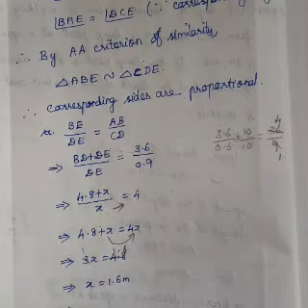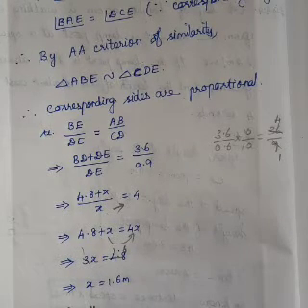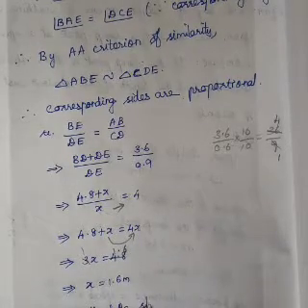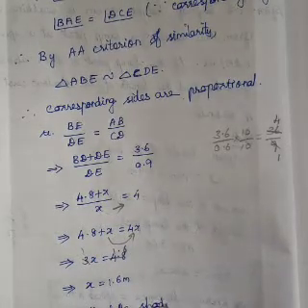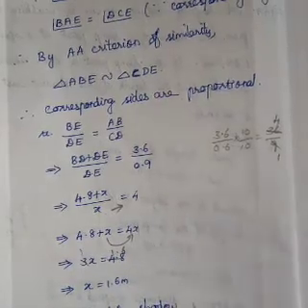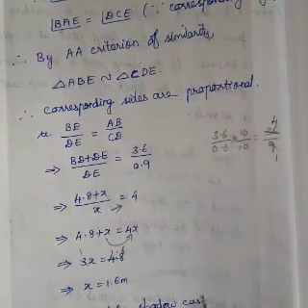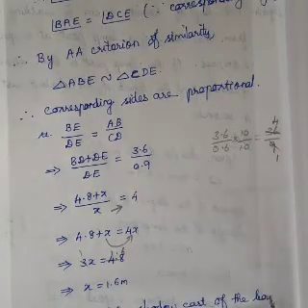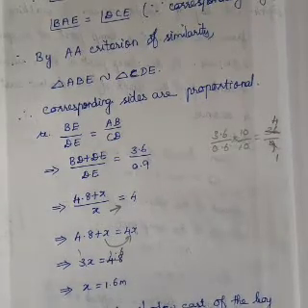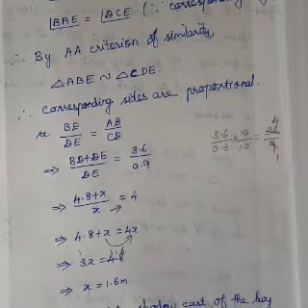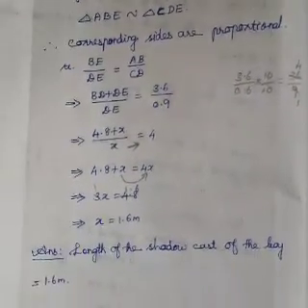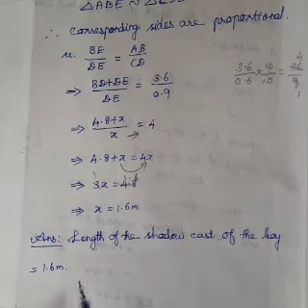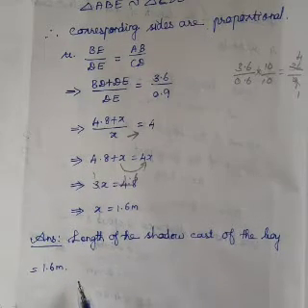Answer: length of the shadow cast of the boy equal to 1.6 meter. Are you all clear? Okay, so we got the answer as 1.6 meter.